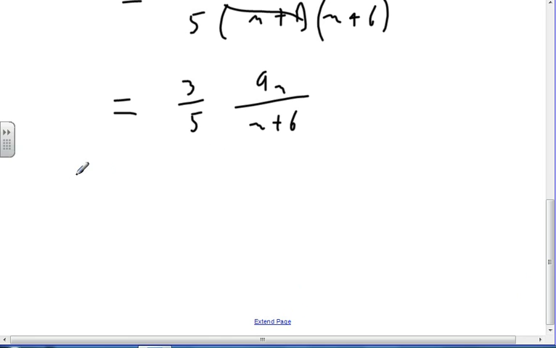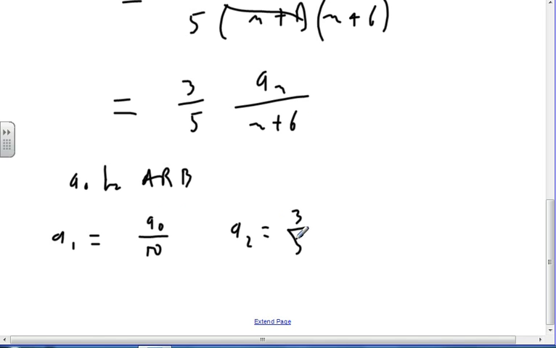All right, so a0 is arbitrary. a1 is n is 0. 3 goes into there twice. 2 times that is 5. So that'd be a0 over 10. a2 is 3 over 5 a0 over 10 divided by, this is now a 1.